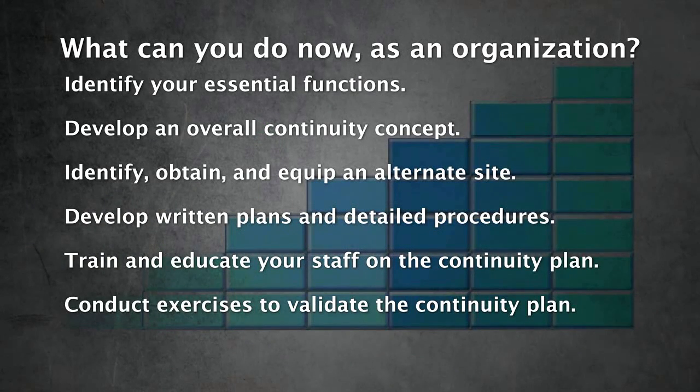Start small with a simple tabletop exercise that invites leadership and representatives from across your organization to discuss a scenario and planned actions. Then, using a building block approach, include more people and exercise-specific parts of the plan to see how each piece functionally works. Finally, conduct a full-scale exercise with the staff stopping work and relocating according to the plan.